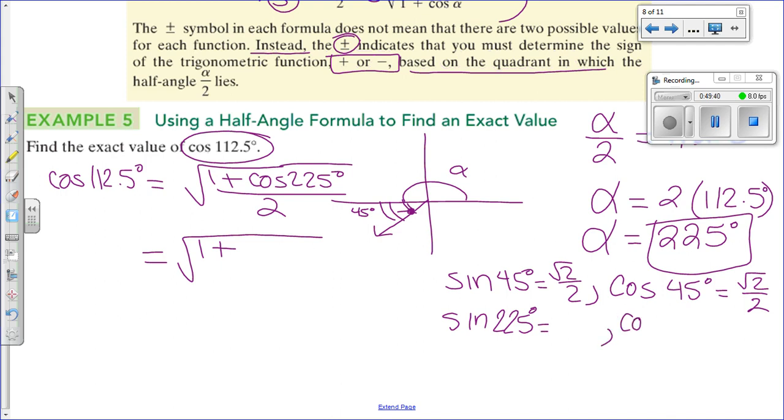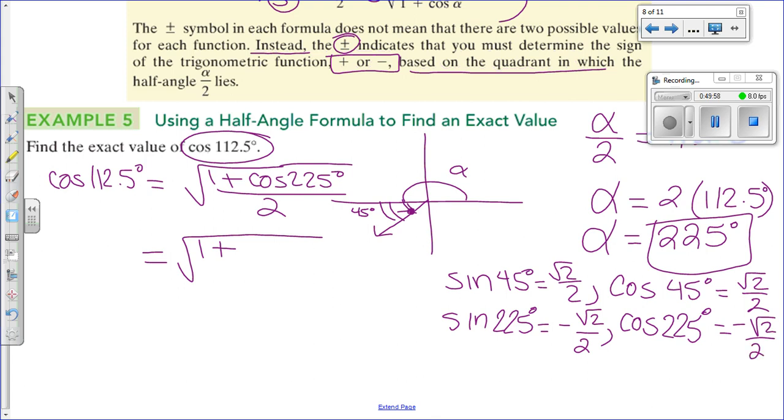So what that means is that both the sine and the cosine will be negative. So the sine of 225 will be negative square root of 2 over 2, and the cosine of 225 will also be negative square root of 2 over 2.